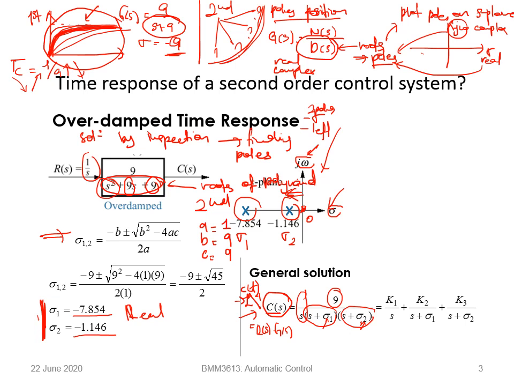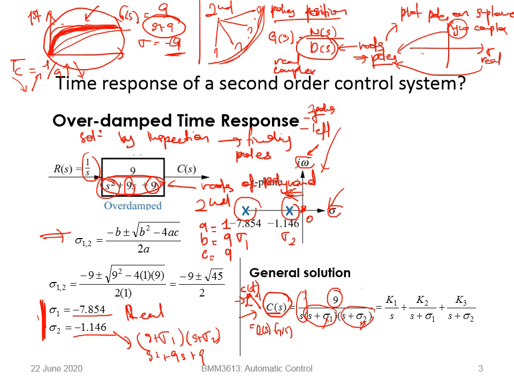Because once you find the poles, it can be written as (s plus sigma 1) multiplied by (s plus sigma 2). This is also equal to our polynomial s squared plus 9s plus 9, right? So now it's written in this form.